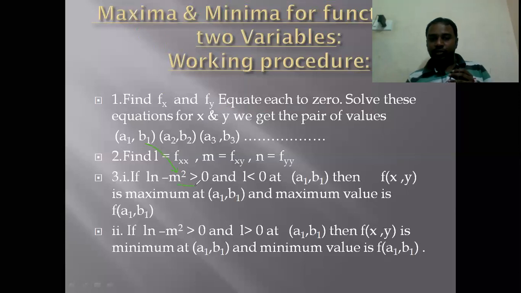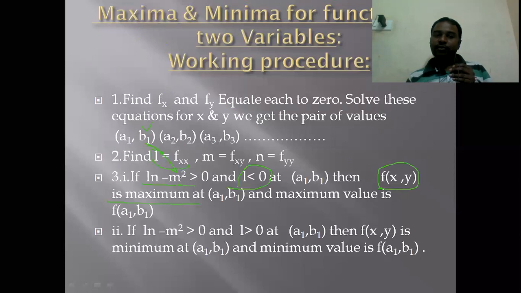After finding ln minus m square, we substitute this point. If it is greater than 0, we proceed, and we also substitute the same point in L. So if ln minus m square is greater than 0 and L is less than 0 at that particular point, then we say that the function f of x comma y is maximum.